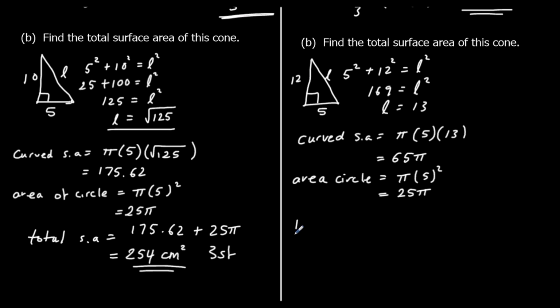Which means the total surface area is 65 pi plus 25 pi, which is 90 pi. And its area, so it's in centimeters squared.